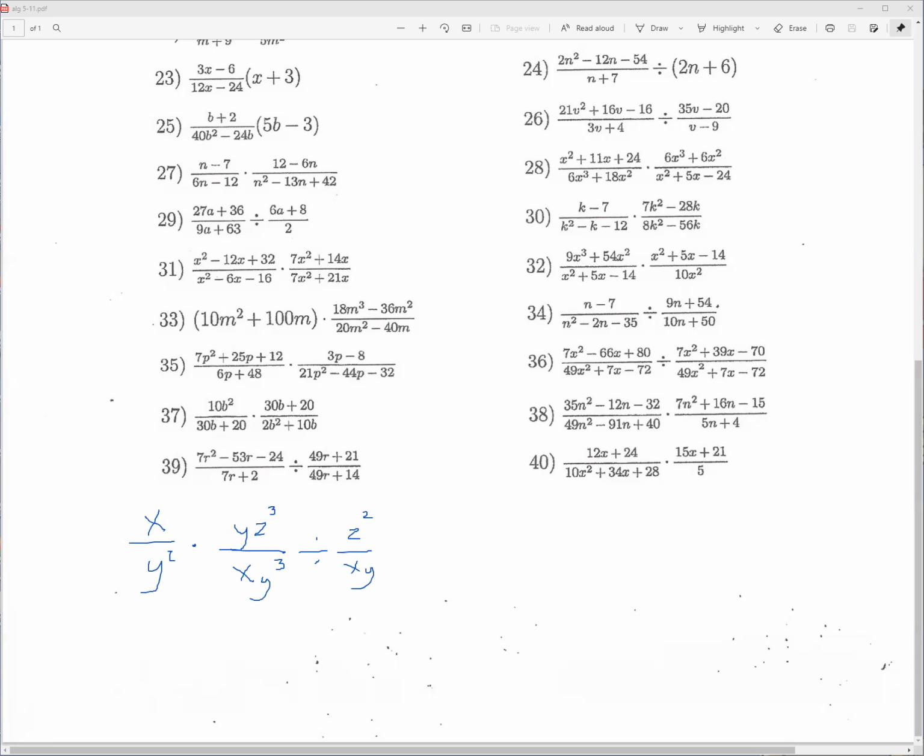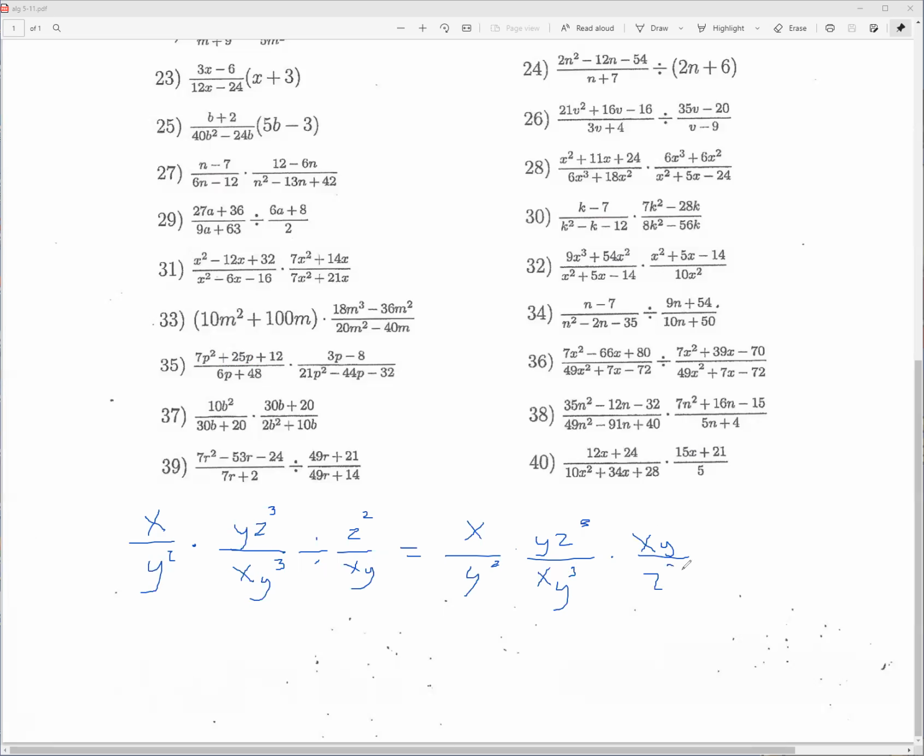Nothing changes. Step one, flip anything that is divided by. So x over y squared times yz cubed over xy cubed. We didn't change this because those two were multiplied, but the third one we're going to flip.